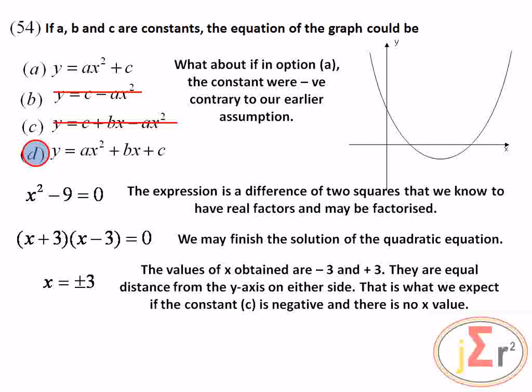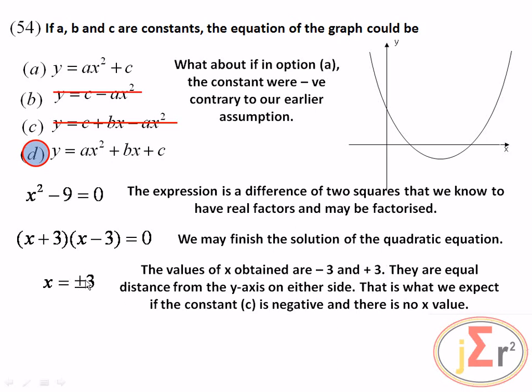They are equal distance from the y-axis on either side. That is what we expect if the constant c is negative. Now we have a negative value for c, which is not in our original assumption. And what will happen?